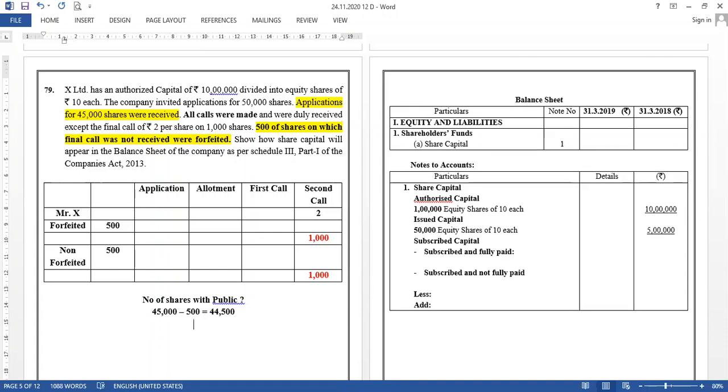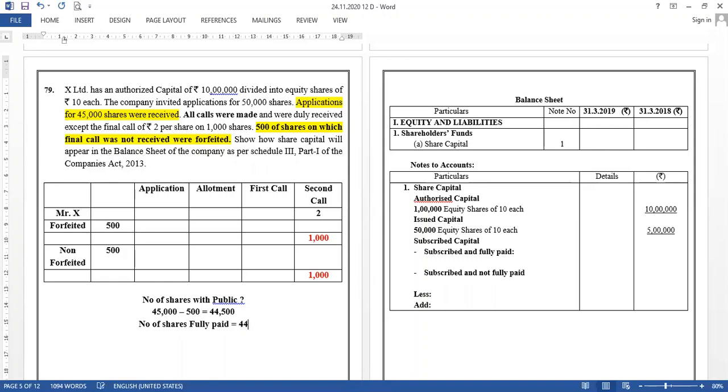Now, how many shares are fully called? Fully called तो है ही, ठीक है. Fully paid. 44,000. Number of shares fully paid. That's very correct. We can see that out of 44,500, 500 shares जो Mr. X के पास हैं, जो हमने forfeit नहीं करे हैं, उनका second call नहीं मिला.